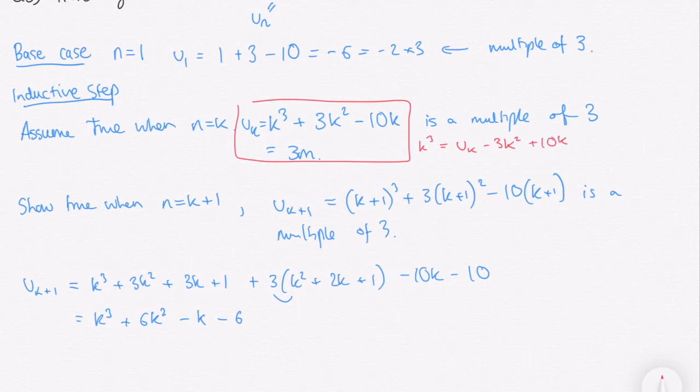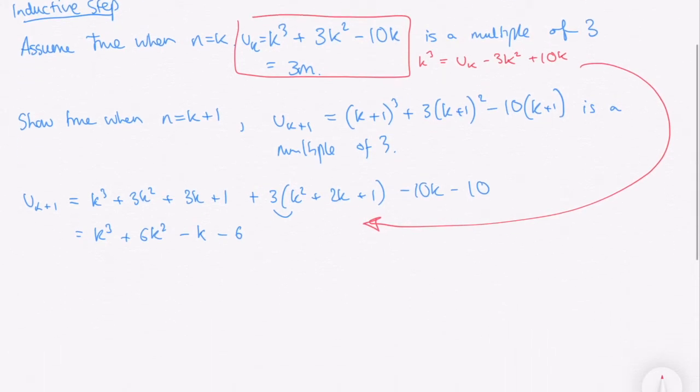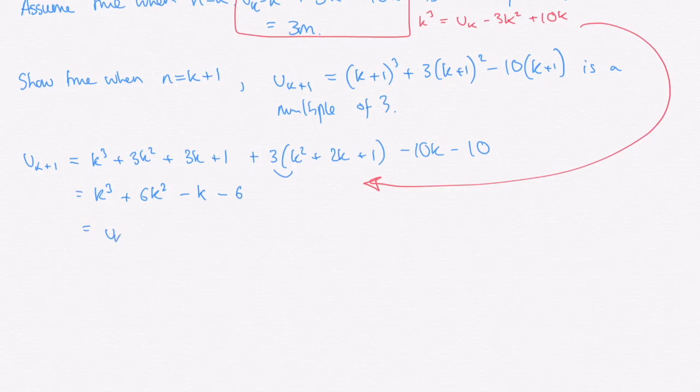I'm going to make this substitution into here. Well, what does this then become? This becomes u_k minus 3k squared plus 10k plus 6k squared minus k minus 6.